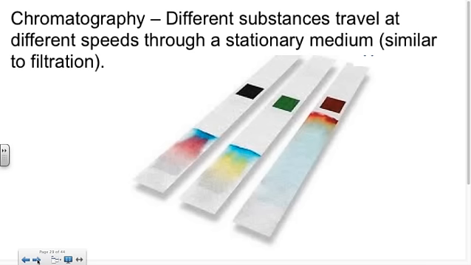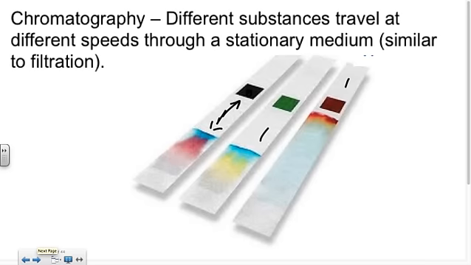Chromatography is somewhat similar to filtration. It takes advantage of the fact that different substances will travel through what's called a medium, which in this case is this special type of paper, at different speeds. So you can see here, this is black ink up here. Down here, the black ink has broken down into its individual components. So the blue and green, which are up here, traveled the least distance.